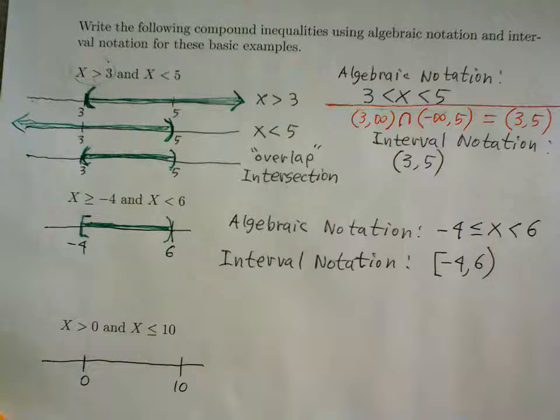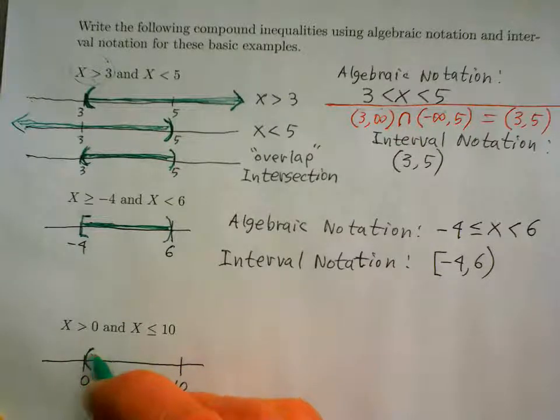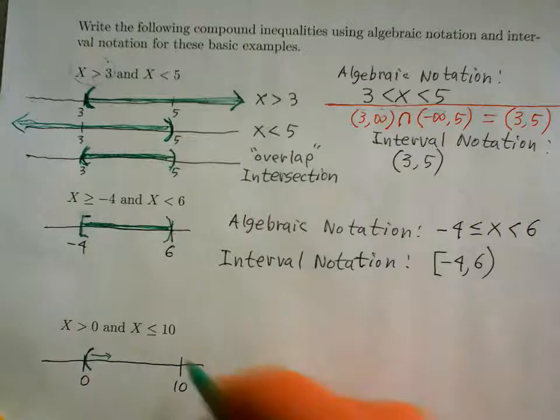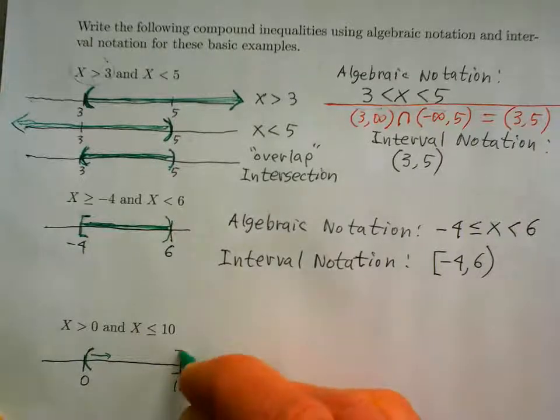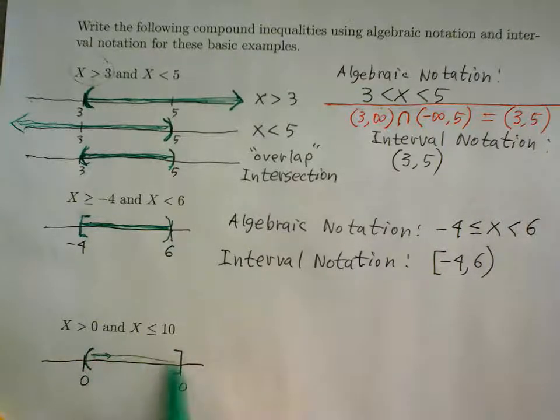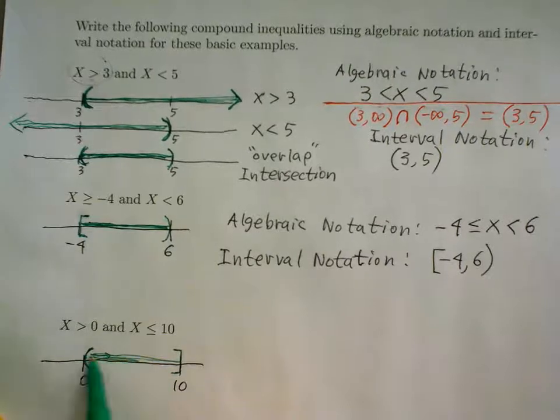And remember that and means x must satisfy two conditions. In one case, x is greater than 0, and x must be less than or equal to 10. So we can sketch a graph of the solution set, a parenthesis at 0 and a bracket at 10.